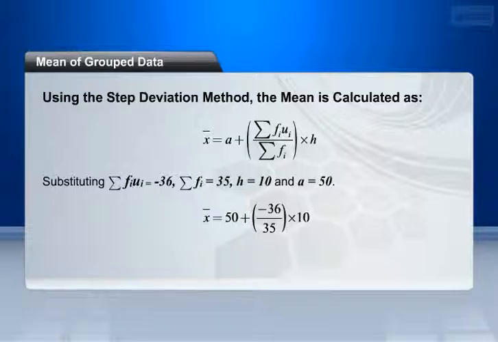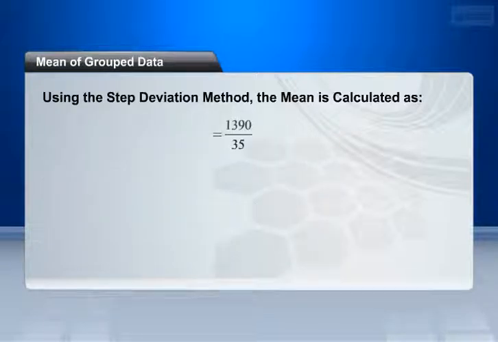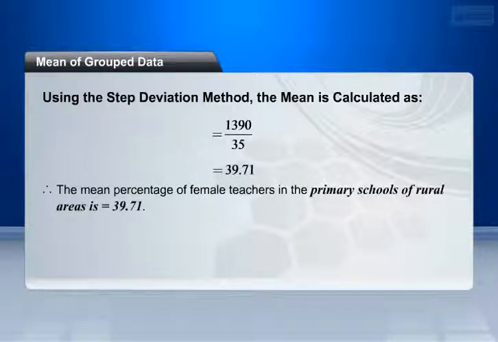Taking 35 as LCM, we have x bar equals (1750 minus 36 into 10) by 35, which is 1390 by 35. This is equal to 39.71. Therefore, the mean percentage of female teachers in the primary schools of rural areas is 39.71.